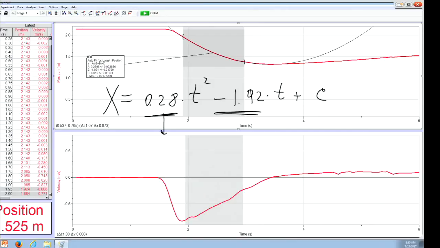So if we take this number and multiply by 2, that's supposed to be acceleration. That's supposed to be velocity, well, initial velocity. And turns out now it is negative. Acceleration still is positive, but velocity is negative. How can it be? Well, first of all, now it travels initially against the positive x direction.